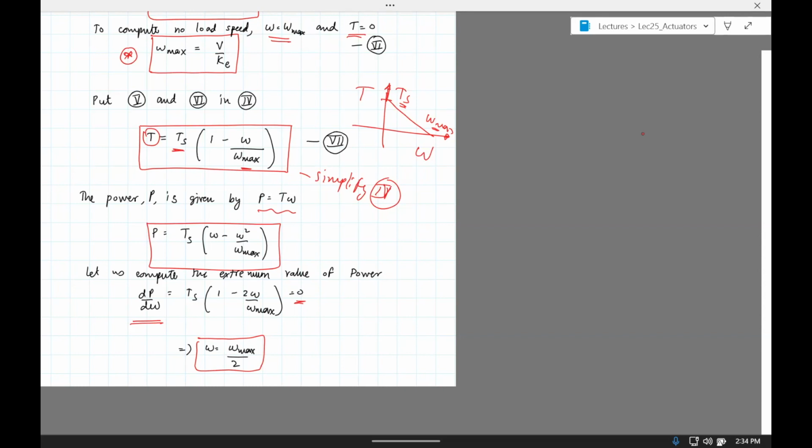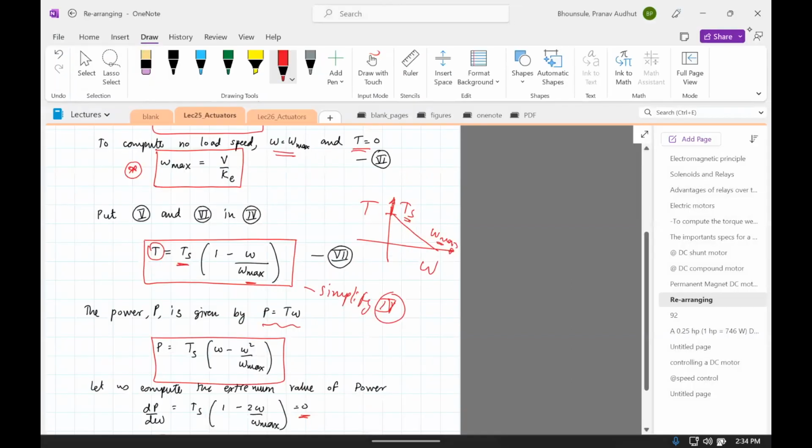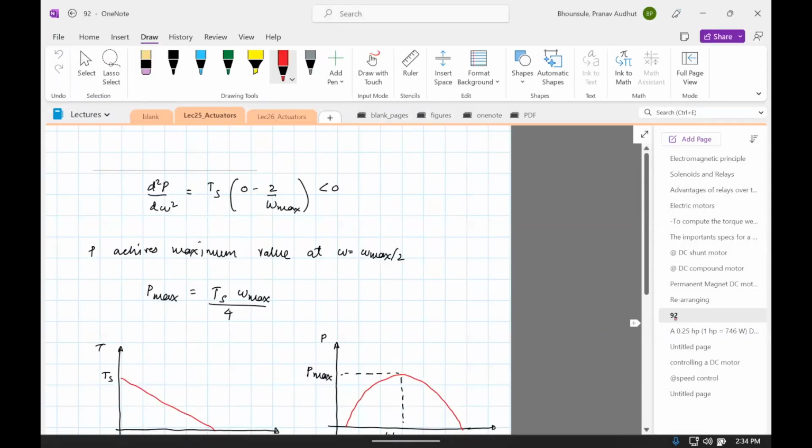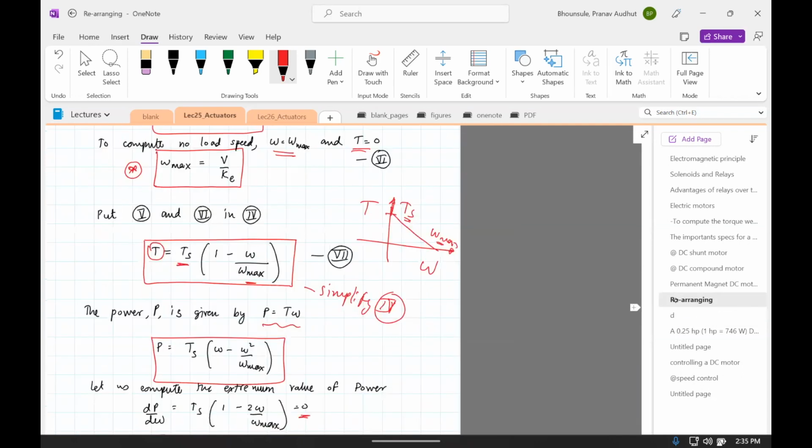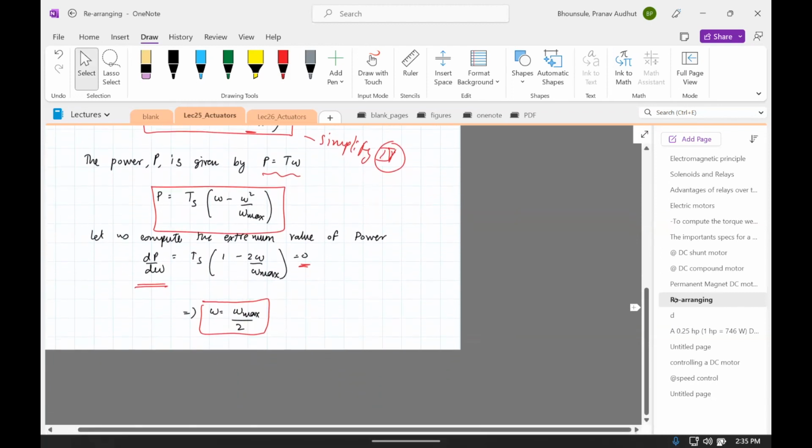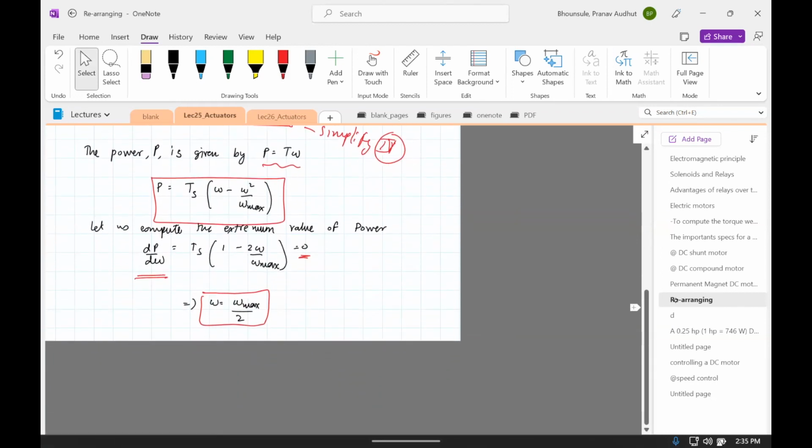In order to figure out which, you need to take the second derivative of power with respect to speed. And it turns out that this derivative is less than 0, which means that setting the first derivative to 0 gave us the maximum power. When the second derivative is less than 0, you are maximizing, and if it is greater than 0, you're minimizing. So this is maximizing.